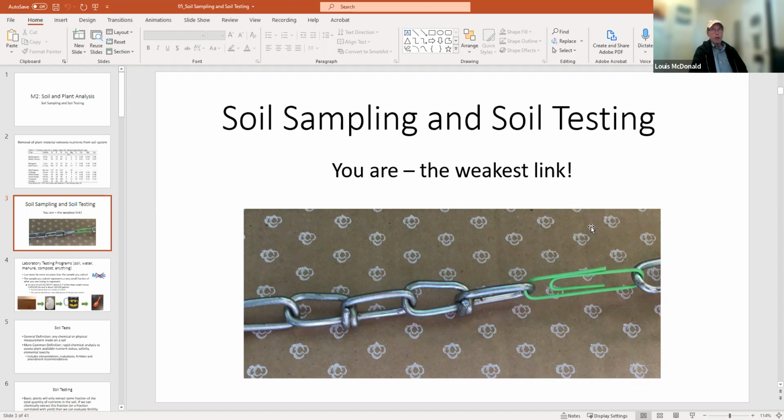The computer science people have a phrase, garbage in, garbage out. And it's the same for soil testing. You can't do anything in the laboratory with a bad sample. And so it's absolutely imperative that the sample collected be representative of the area that you think it is.